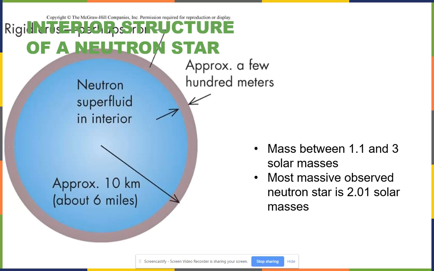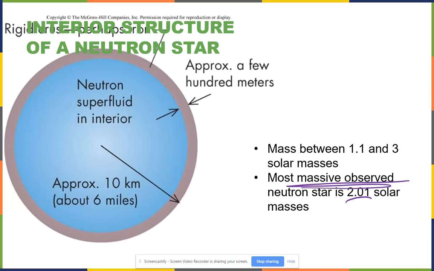And then in the outer few hundred meters is, you can't read it up there, a rigid exterior. Very spherical in shape because of gravity. The most massive ever observed neutron star is twice the mass of the sun. Most are between 1 and 3 solar masses.